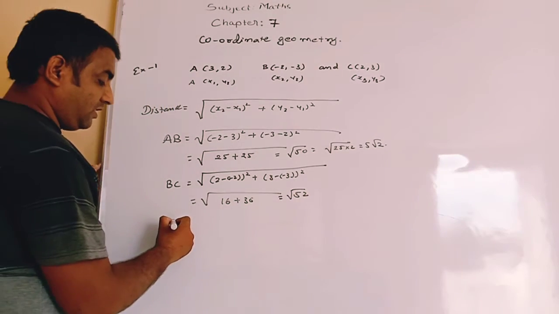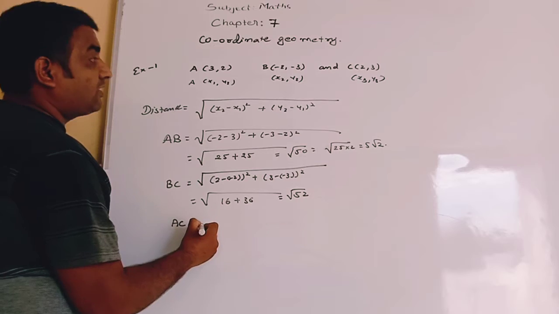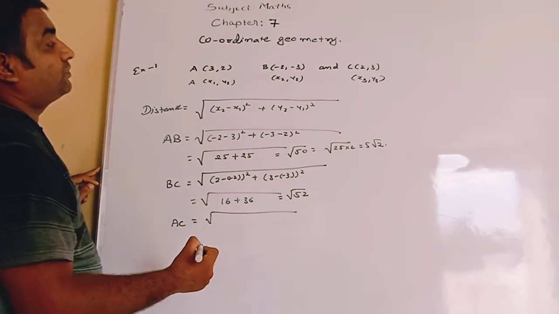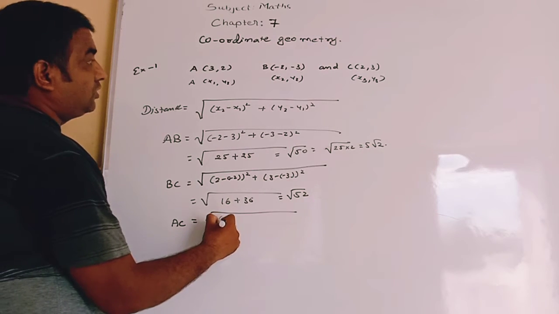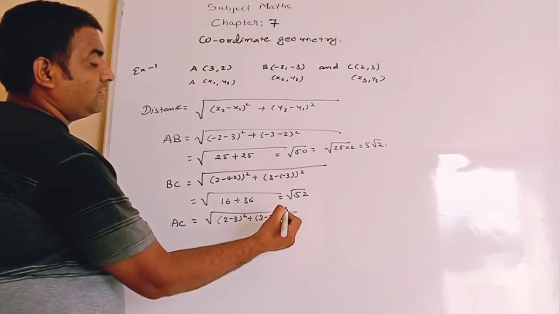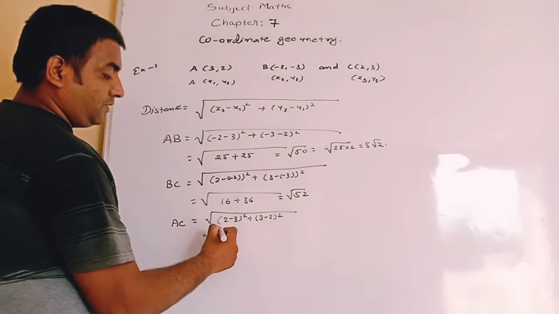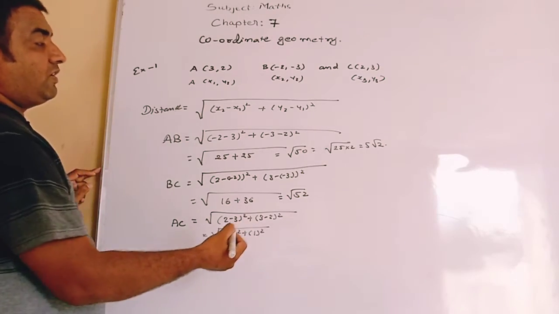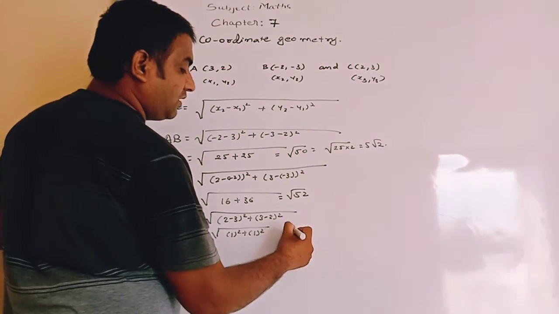And here AC equals, we can see that, 2 minus 3 square plus 3 minus 2 square, and so it will be 1 square plus 1 square, so it is 1 plus 1, root 2.